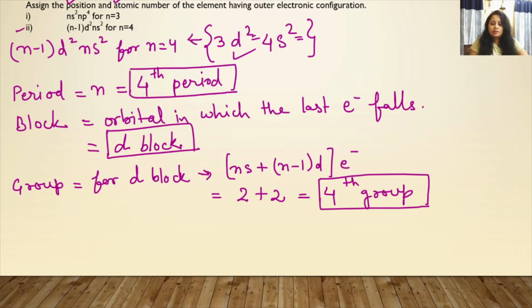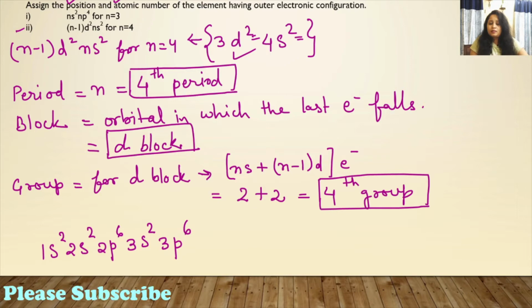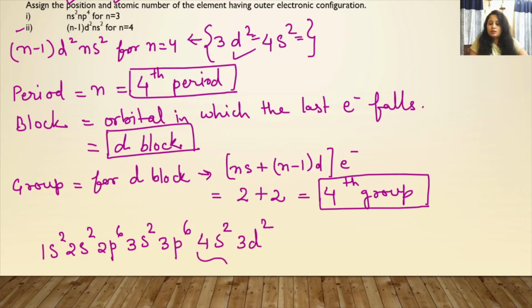So let's write: 1s2, 2s2, 2p6, 3s2, 3p6, then 4s, how many electrons? 2, and then 3d, again 2. This is the configuration given in the question. Before that, all the shells are fully filled.